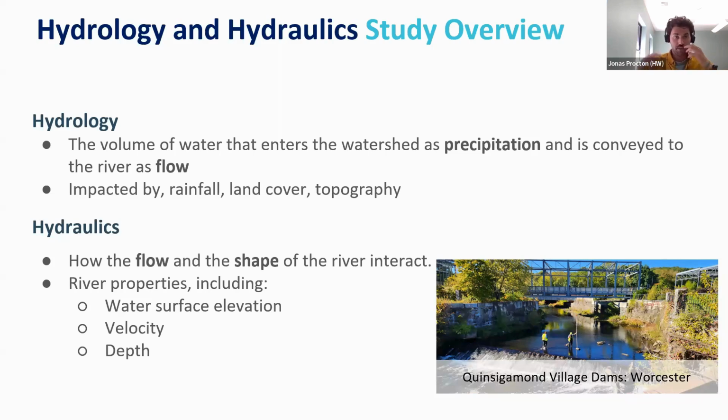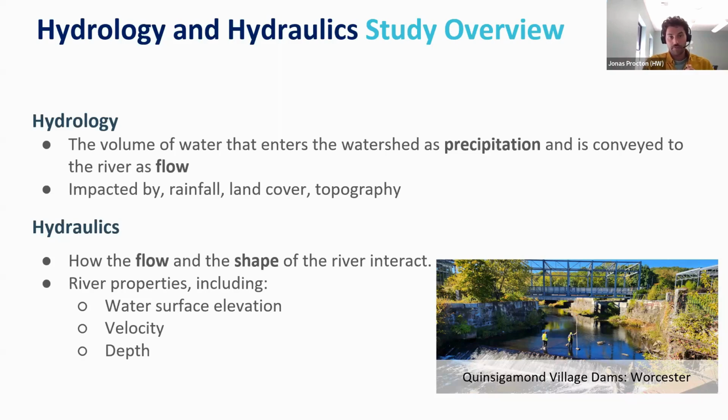Hydrology really just means the volume of water in a river, mostly derived from precipitation, especially in Massachusetts. It's not like we get too much snow melt like out west in the Rockies. It's mostly that it rains, and it goes through a watershed and enters the river as flow.